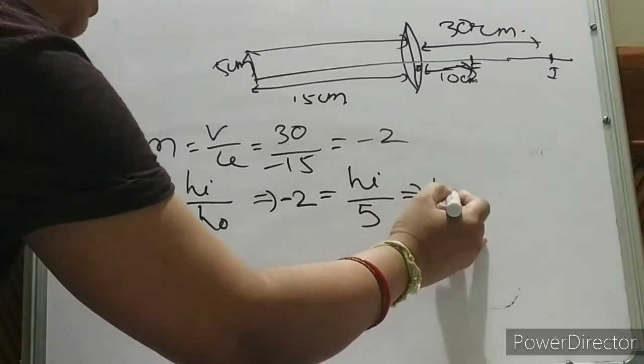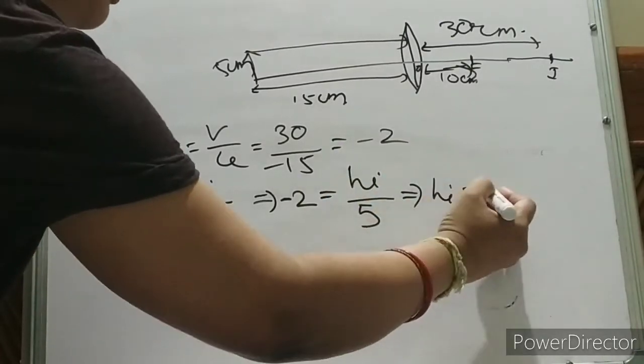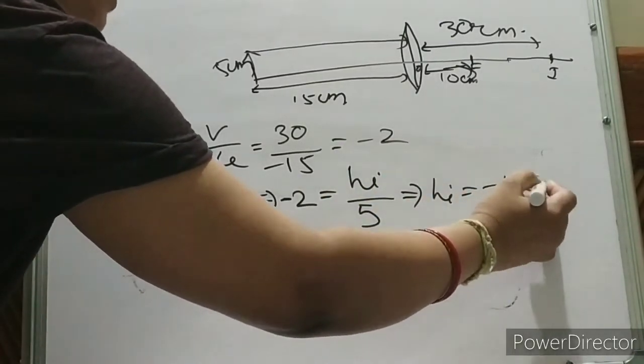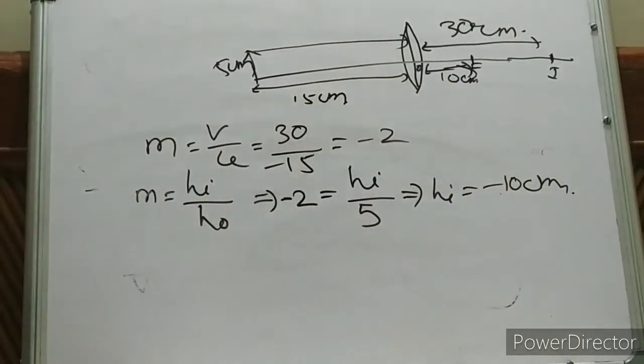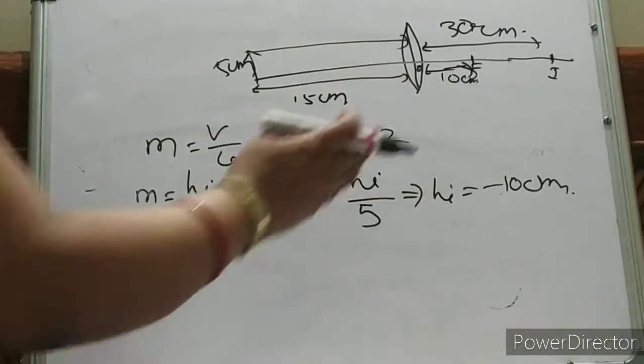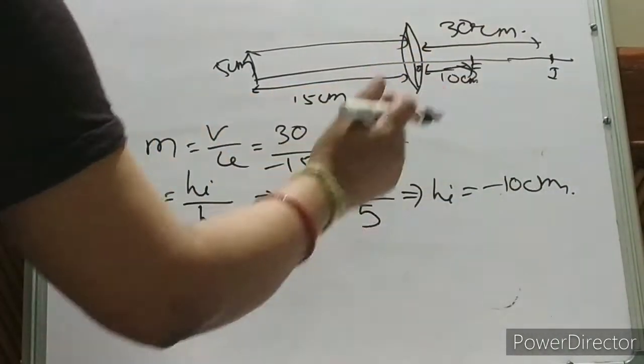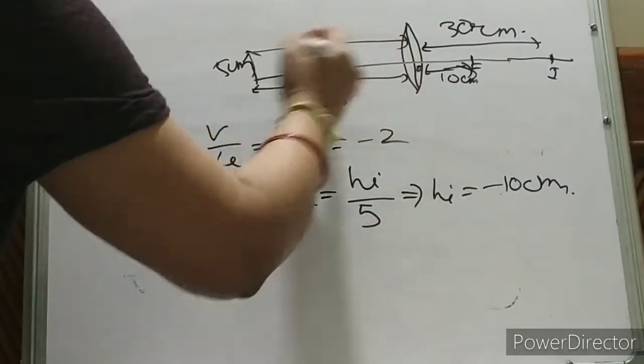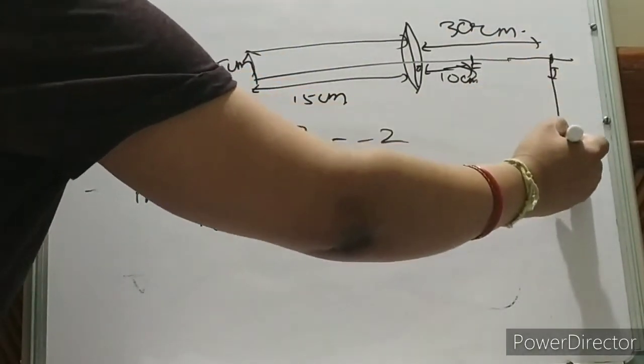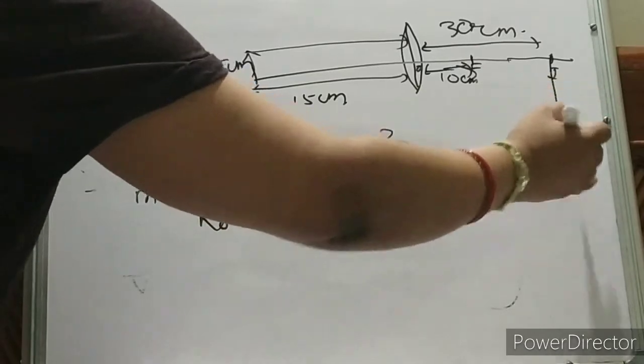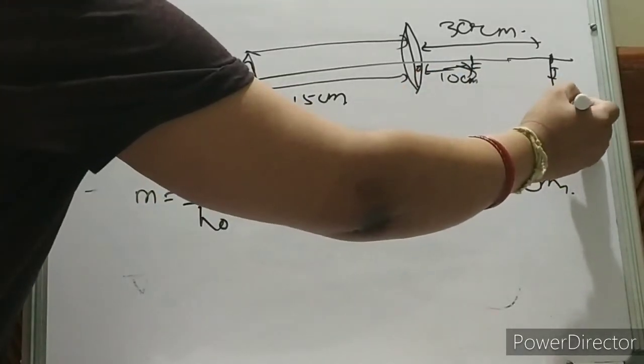So that means hi is equal to minus 2 into 5, minus 10 centimeter. So hi is minus 10. Minus 10 means below the principal axis. And see, it is an enlarged image. The object size is this, and this is your image now. This is 10 centimeter. Got it?